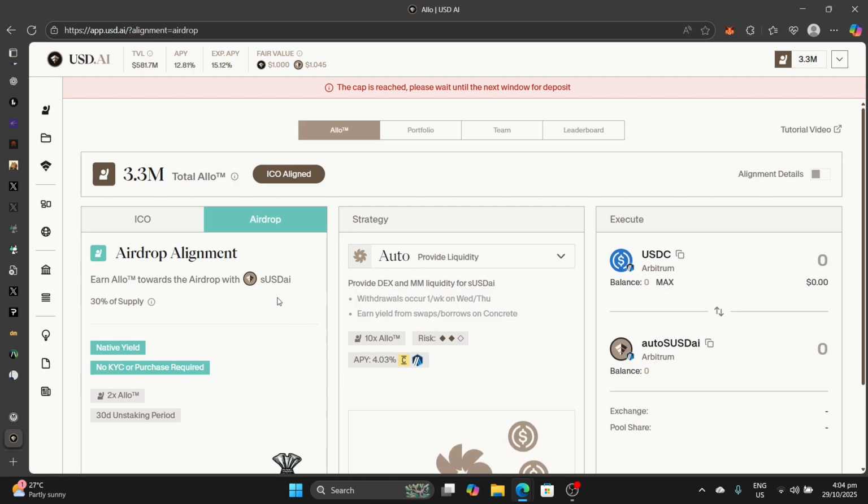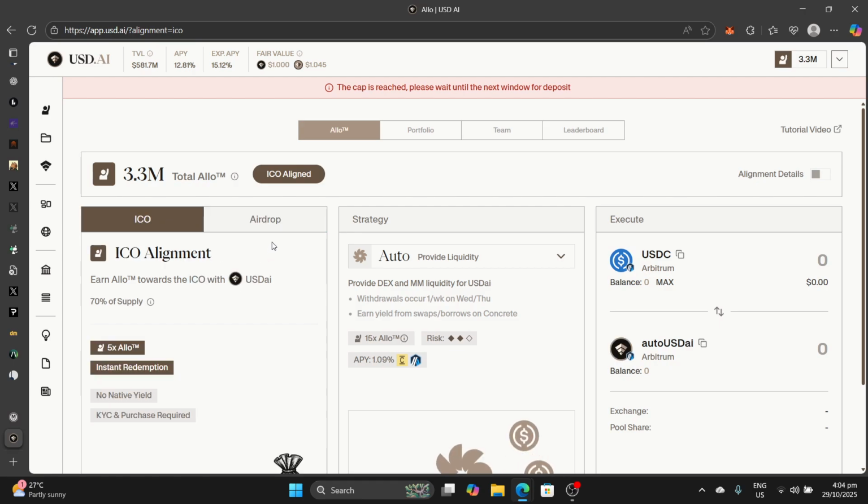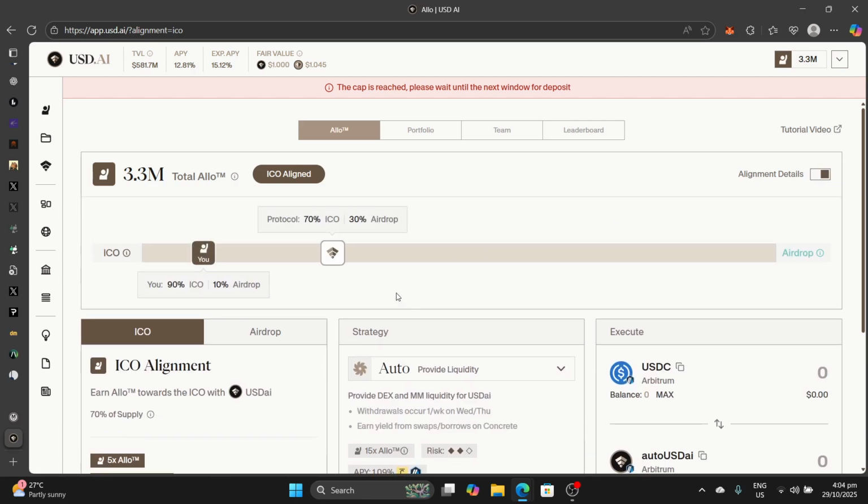Now, how do you get started with this? You want to decide if you want to be ICO aligned or airdrop aligned or both. I believe you can be both, even though the context here doesn't seem so, because on the basis of my 3.3 million allo, if you click alignment details, you will see that I'm 90% ICO aligned and 10% airdrop aligned.